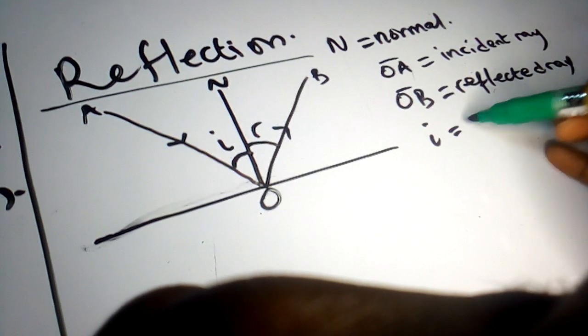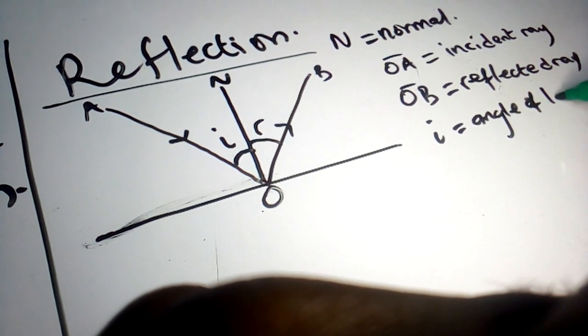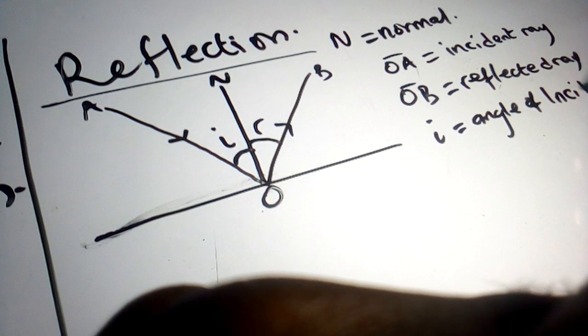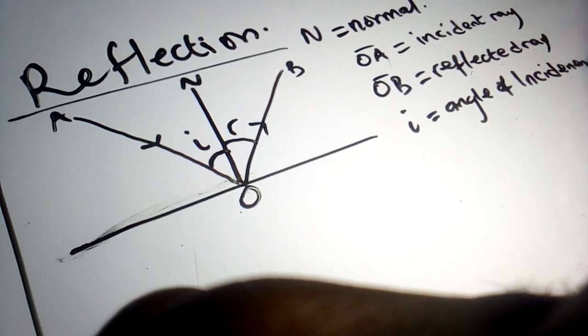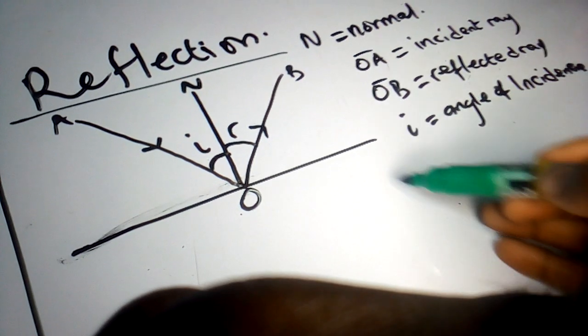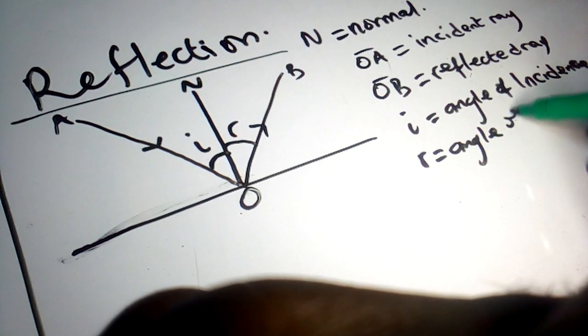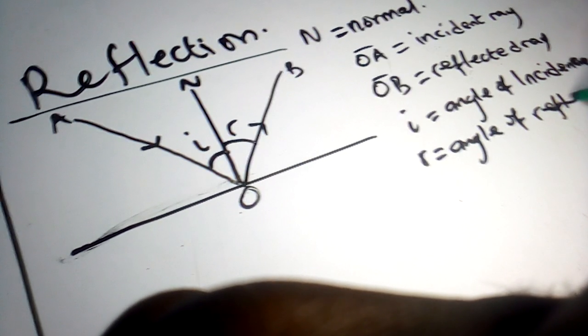So i represents the angle of incidence, while r represents the angle of reflection.